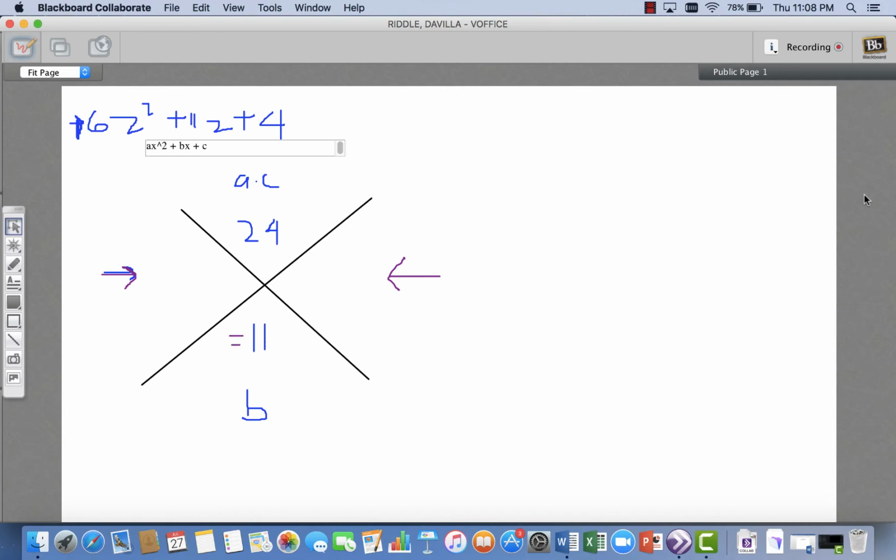But when you multiply them, it should equal 24. So let me think this through real quick. Sorry. Okay, so I guess the first thing that we can do, right? What are the factors of 24?